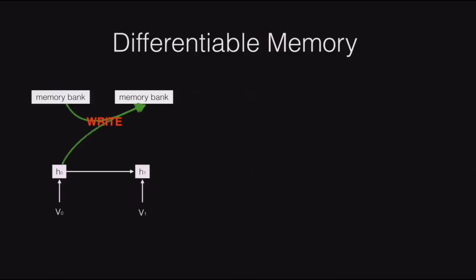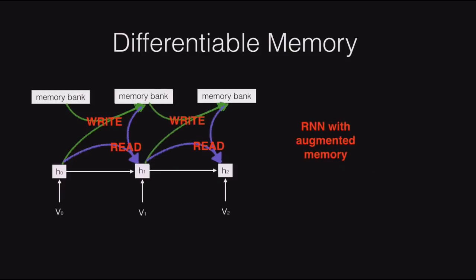You also read into the hidden state too. Then you keep making updates, and you can keep going forever like that. This concept is called RNN with augmented memory. Is that somewhat clear?